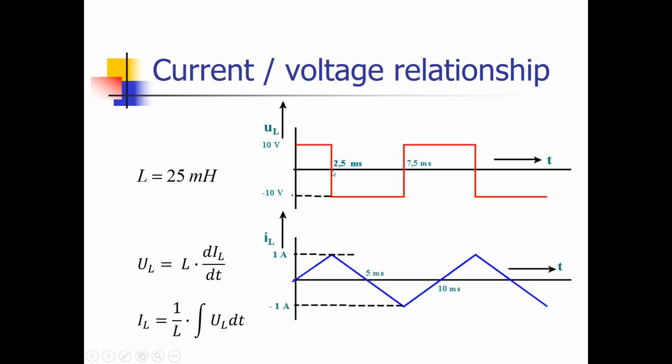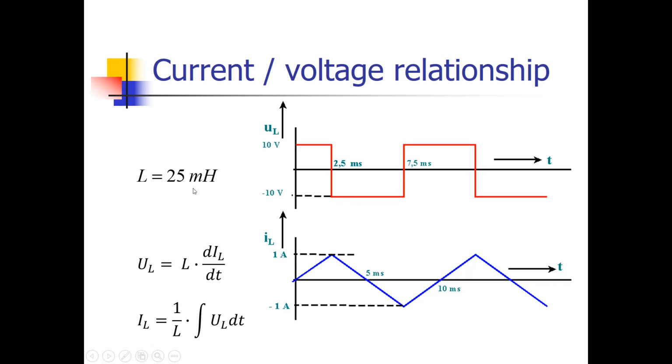At this point, my voltage switches to a negative value, and we get more and more negative area, and that negative area causes the current to decrease, also linearly. At this point, 7.5 milliseconds, the total negative area is 7.5 milliseconds minus 2.5 milliseconds, which equals 5 milliseconds, times minus 10, which is minus 50 times 10 to the power of minus 3.